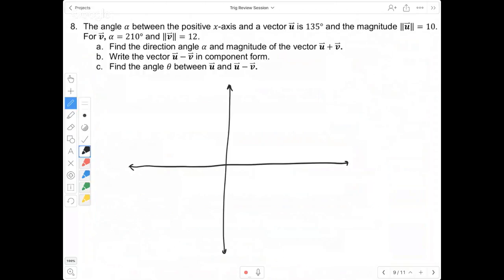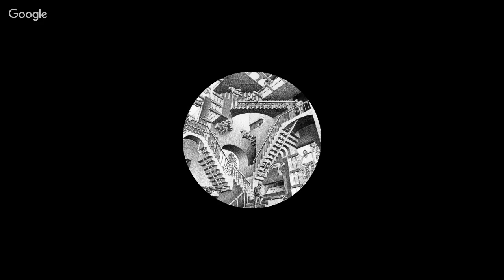And vector u is at 135 degrees, so it's going to be over here, and the magnitude of u is 10. And then for another vector v, there's 210 degrees all the way around, so 180, 30 more. Magnitude of v is 12.